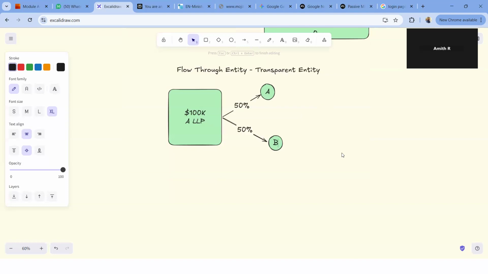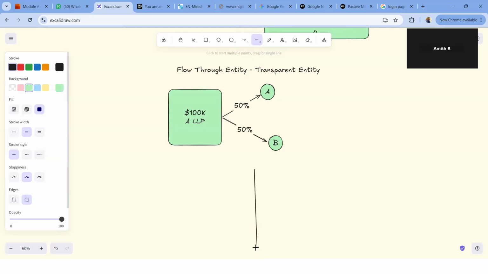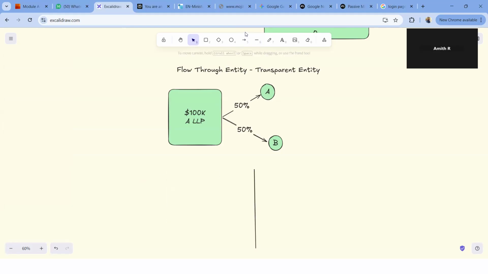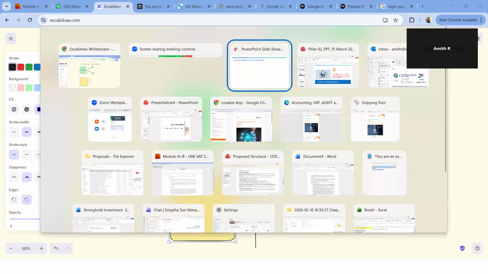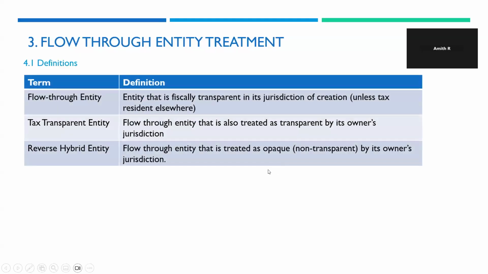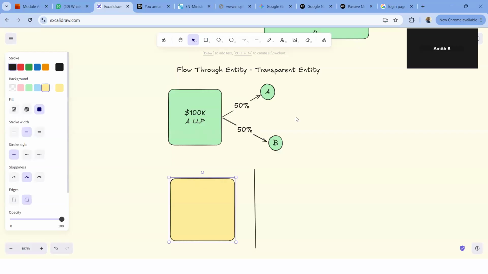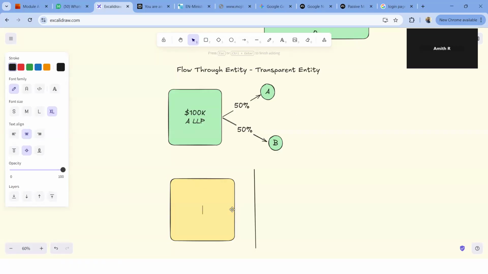What does Pillar Two say about flow through entities? Effectively, they have defined two types of flow through entities. The first type is fully transparent. You know what a flow through entity is, right? An entity that is fiscally transparent in its jurisdiction of creation. Now there are two types of flow through entities.